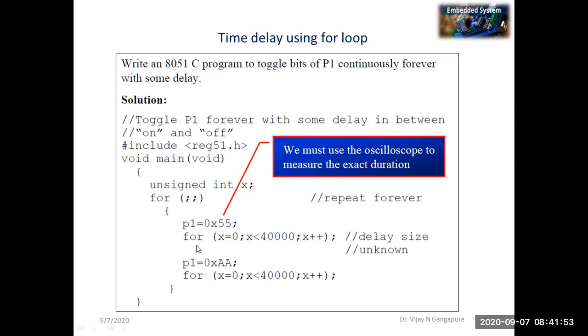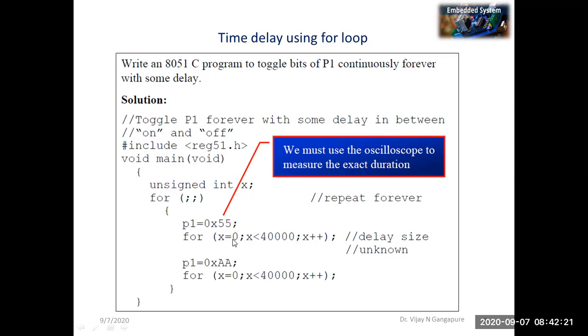Then again one loop is there, a for loop, for x equal to 0, x less than 40,000, semicolon, x plus plus, and here this for loop is terminating. Semicolon means in this for loop there are no statements in the loop. So what will happen when this for loop executes?